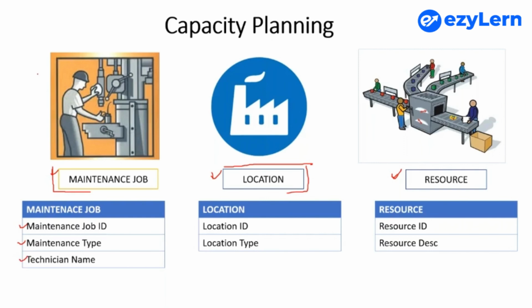So one master data we'll create, and then the key one, the actual duration that this maintenance activity will take. For that we need to create not a simple master data, but a compound master data. Compound master data means a combination of multiple master data.